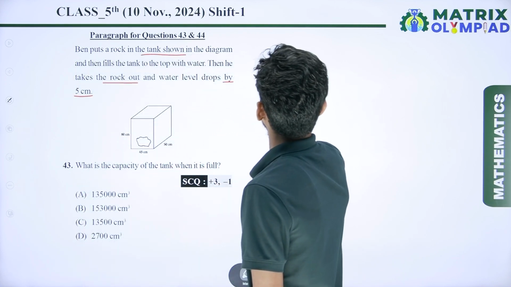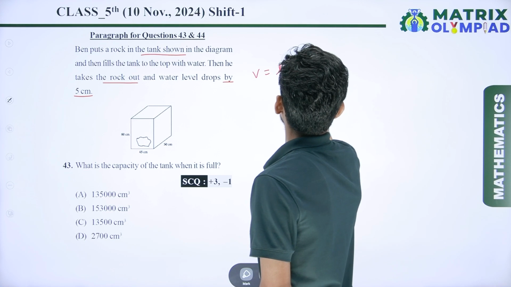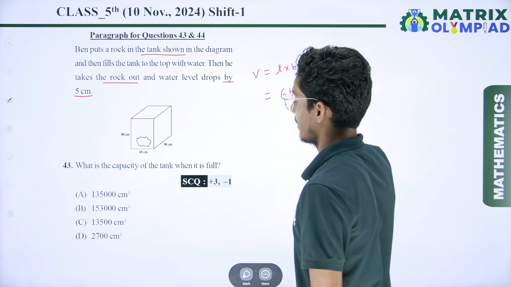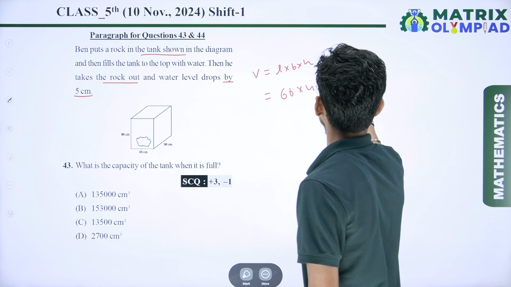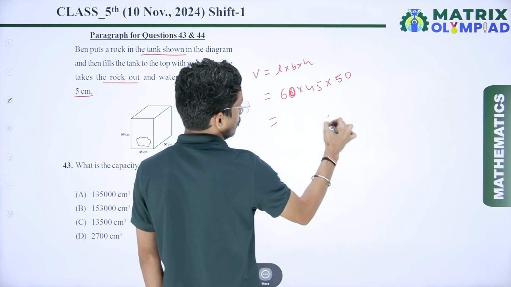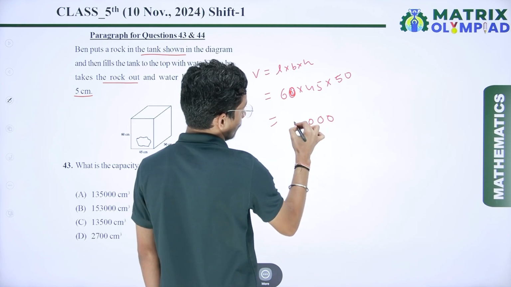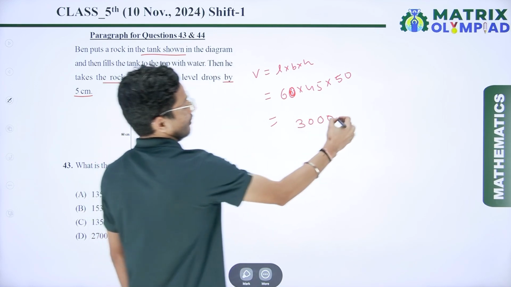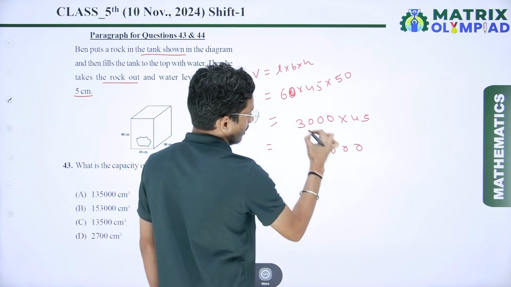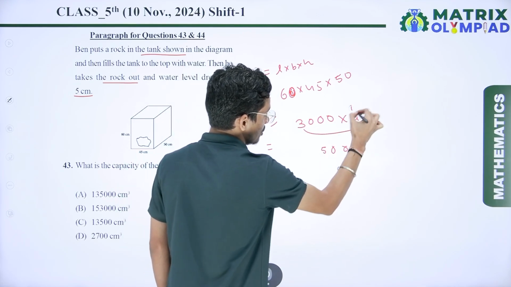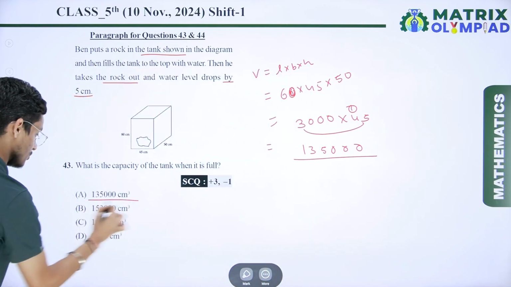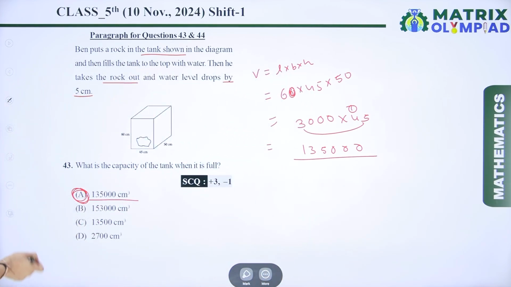We know volume is length multiplied by breadth multiplied by height, so I can write 60 multiplied by 45 multiplied by 50. Multiplying, we get 135,000. So option A is the correct answer.